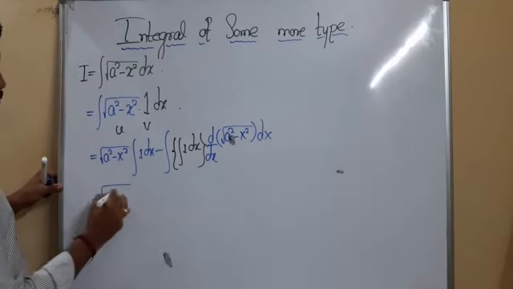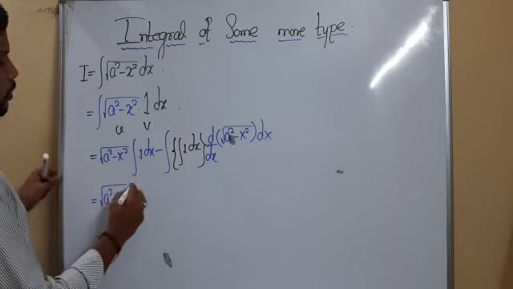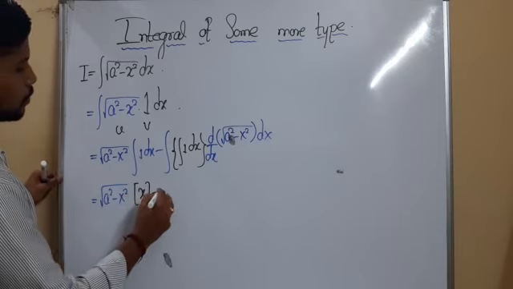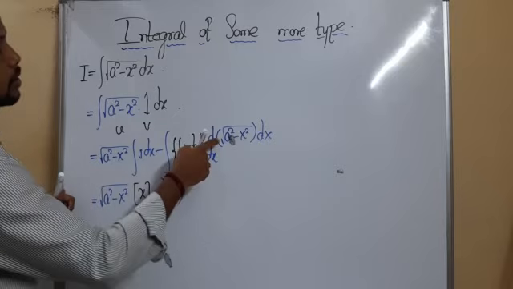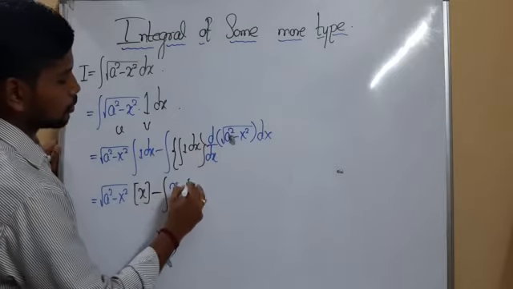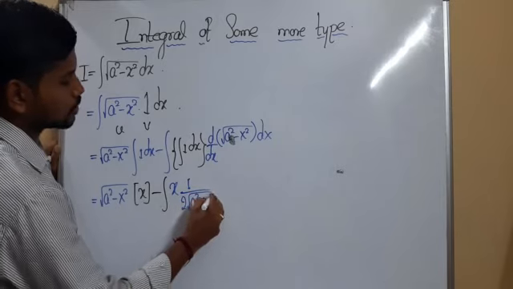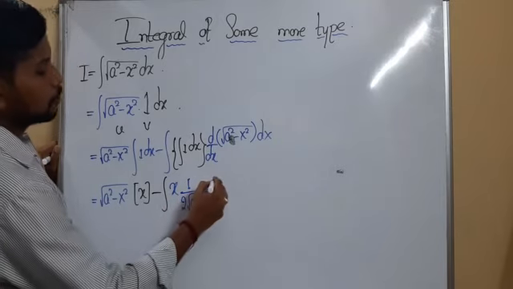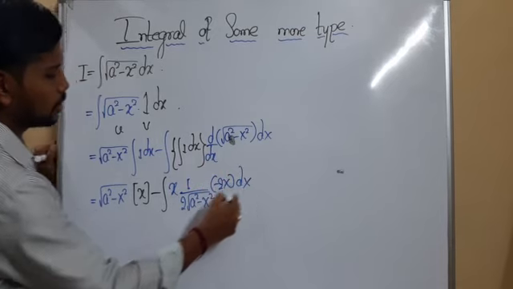The integral of 1 will be x. Derivative of the square root term will be 1 by 2 square root of a square minus x square, times derivative of a square which is 0, minus x square derivative which is minus 2x, into dx.